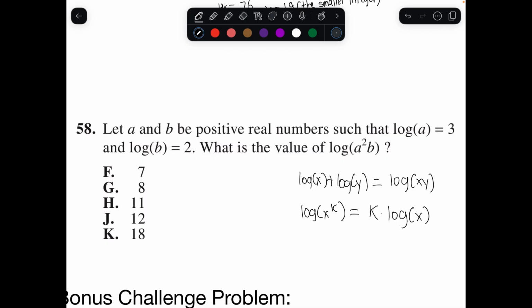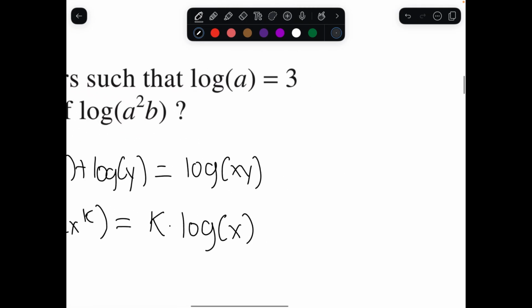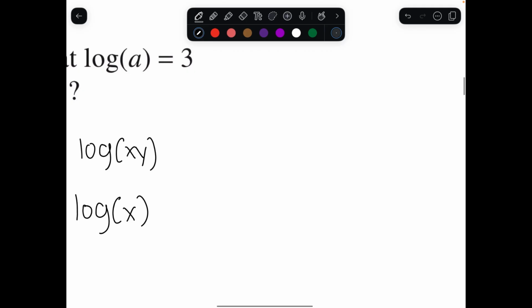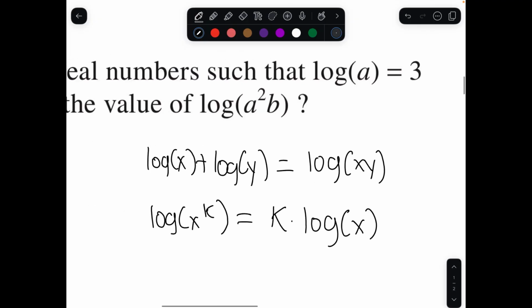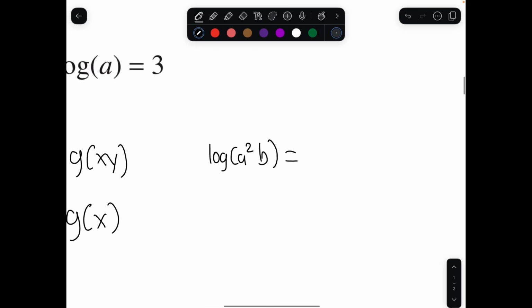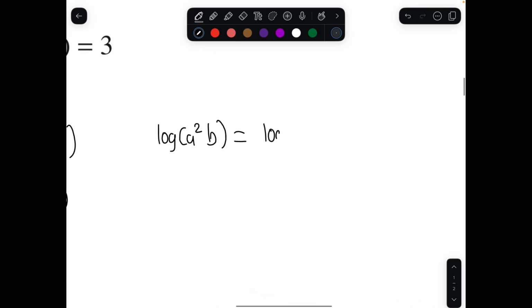They've given us log of a equals 3 and log of b equals 2, and they're asking for the value of log a squared b. So let's break down log a squared b. Using this first property, we can break this into log a squared plus log b, right?